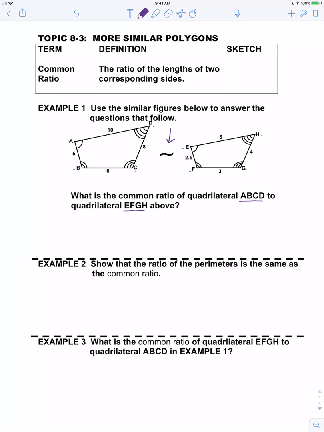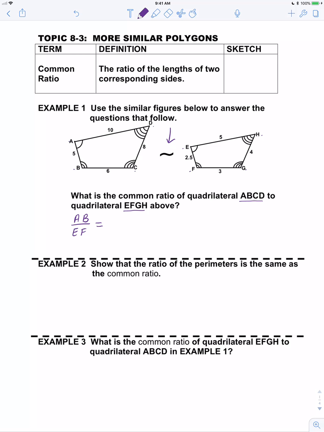And let's just say the ratio from line AB is similar to line EF, and that ratio should be consistent throughout, and that's what we're going to be looking for today.